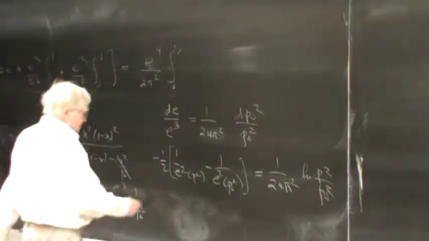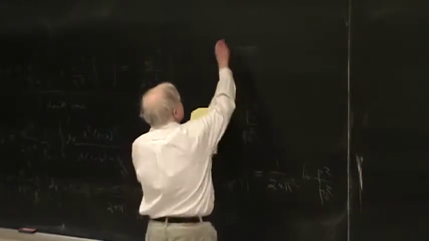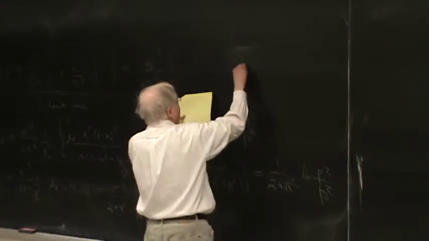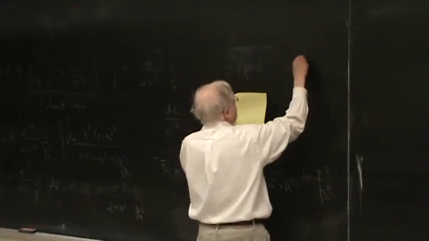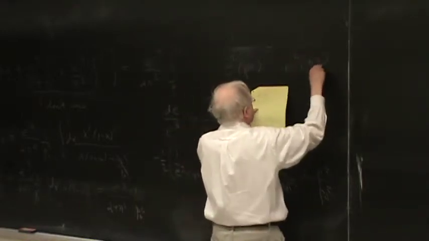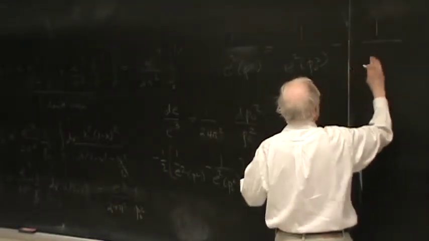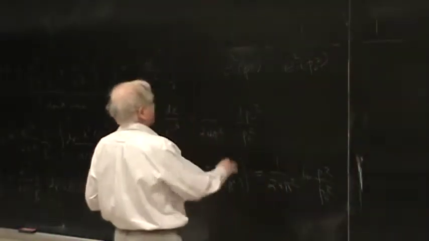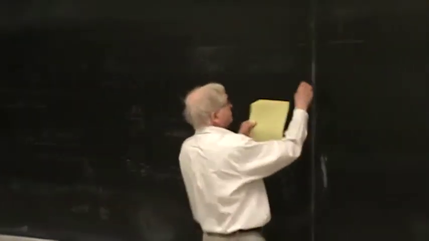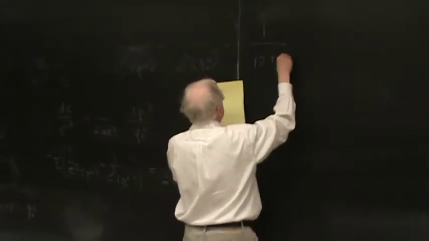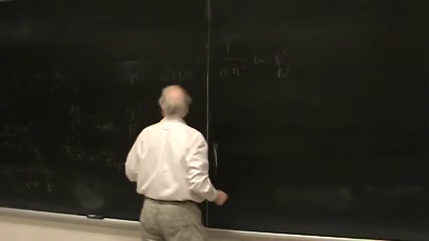And now you isolate this and put everything else on the other side, and you get 1 over e squared at p squared is equal to 1 over e squared at p0 squared minus 1 over 12. Where does the 12 come from? Well, you multiply through by the 2 that was sitting over here. 12 pi squared log p squared over p0 squared.